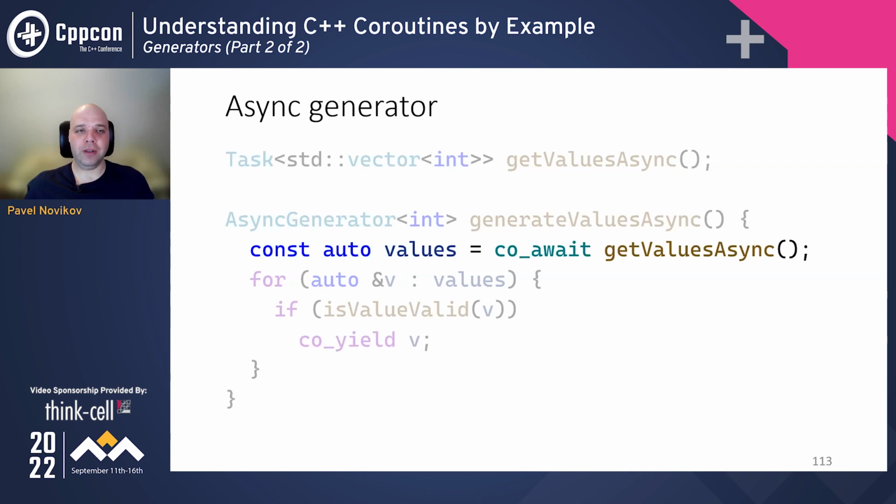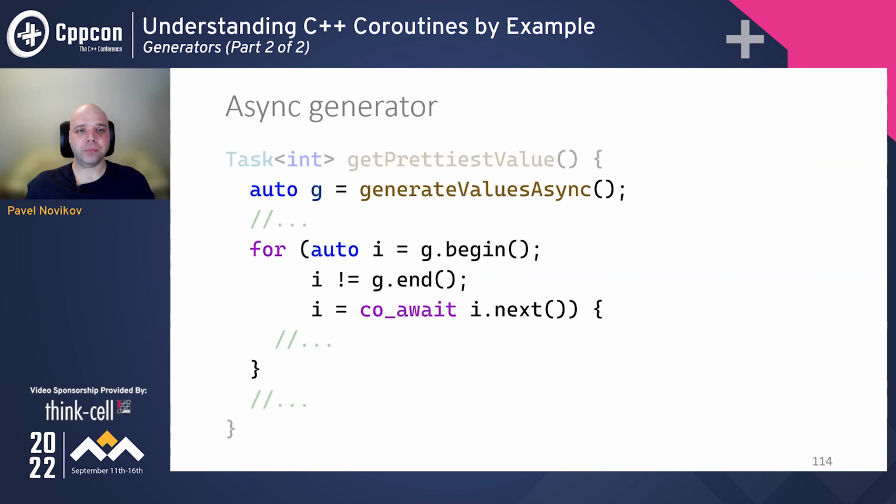At some point, this result will be ready. This coroutine will be resumed. We'll get our values, and we'll be able to, in this case, filter all the values with some kind of notion of validity, and will yield only valid values in this case. So this is how we can use our asynchronous generator.